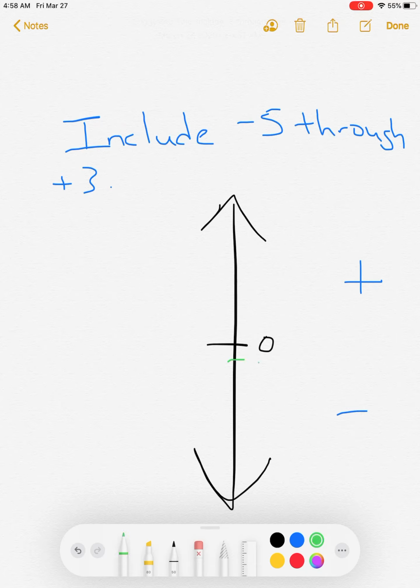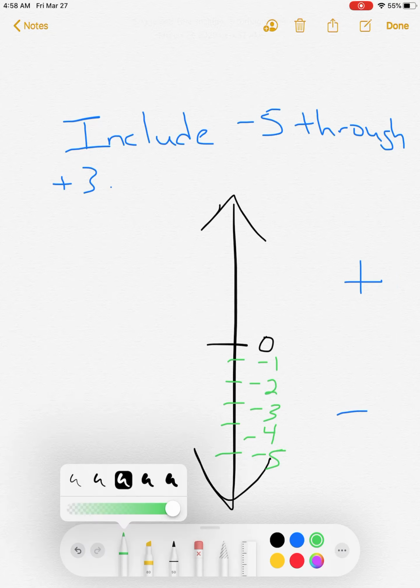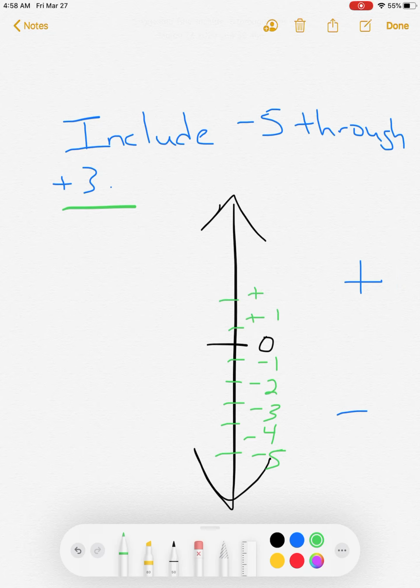Now I'll use green. -2, -3, -4, -5. Now I have to make sure I plot on the positive side of the line, +3, all the way through +3. So this is +1, +2, +3.